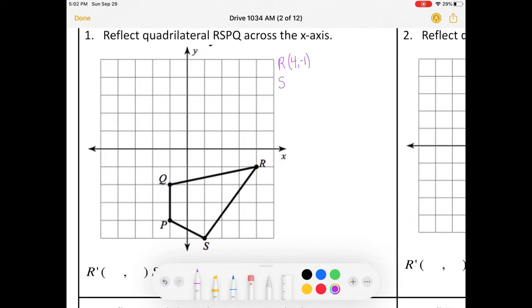S, and this would probably be a good spot actually to pause and just get the coordinates on your own, make sure you have them accurate, because that will affect the rest of your problem. Okay, S is 1, negative 5. P is negative 1, negative 4.